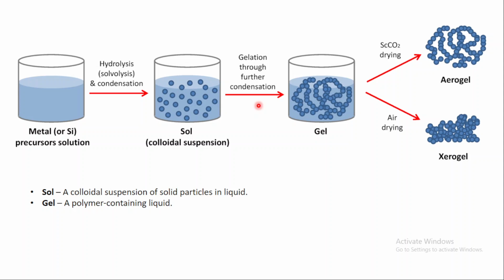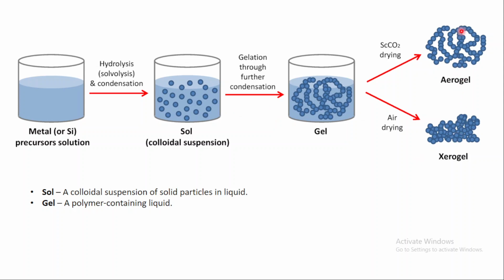Now what we have to do is evaporate or somehow remove this solvent material to isolate our nanoparticle. This is what is shown here. There are some specific drying processes, air drying and carbon dioxide drying, which will give different types of gels, such as aerogel or xerogel.